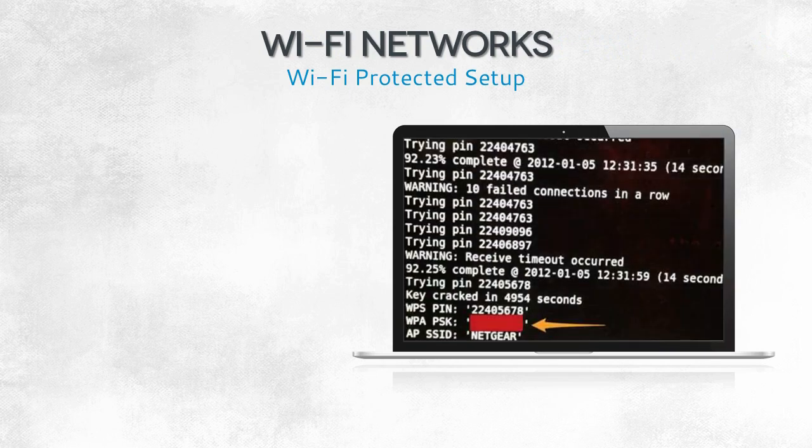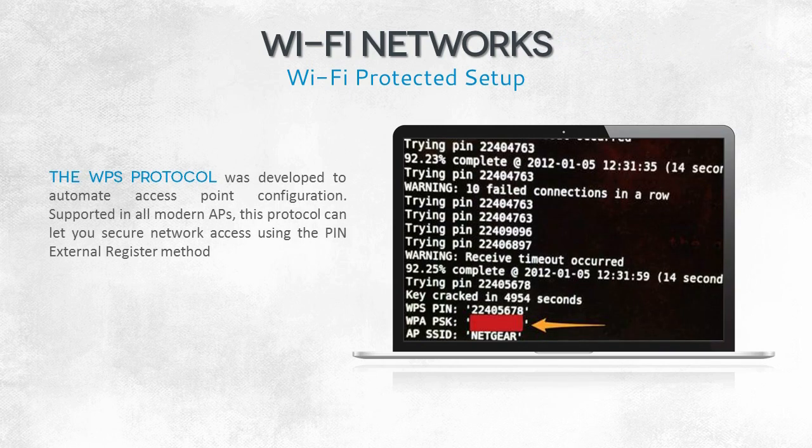To facilitate connecting to a network even further, the Wi-Fi Protected Setup, WPS, protocol was developed. At this stage, access point protection is essentially safeguarding the AP's external registrar PIN. Setting up a connection is only possible if you provide the correct external registrar PIN. The key is usually printed by a manufacturer on a sticker on the device. This helps to automate the configuration and launch of the devices.